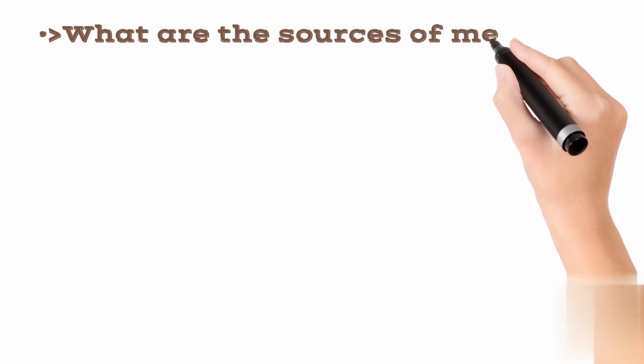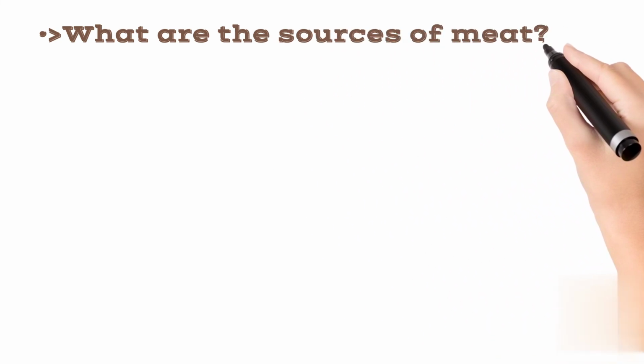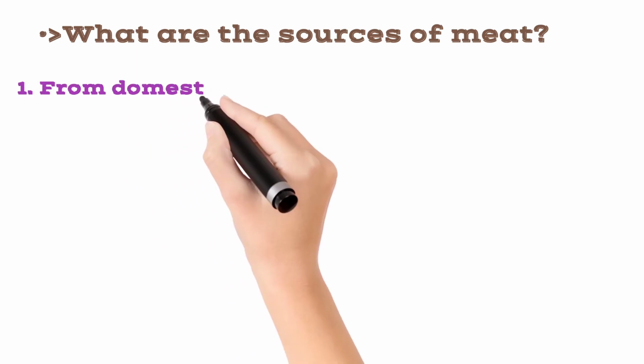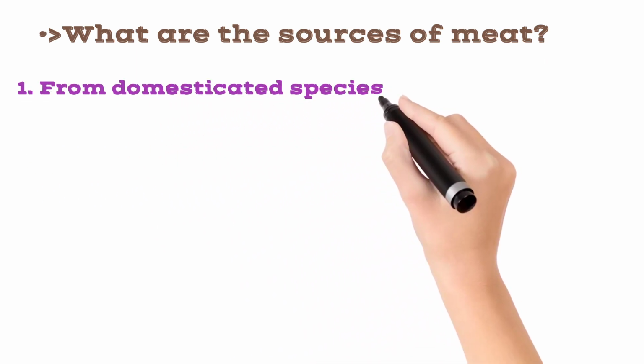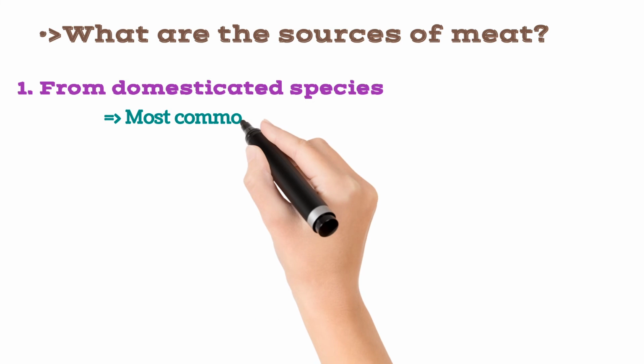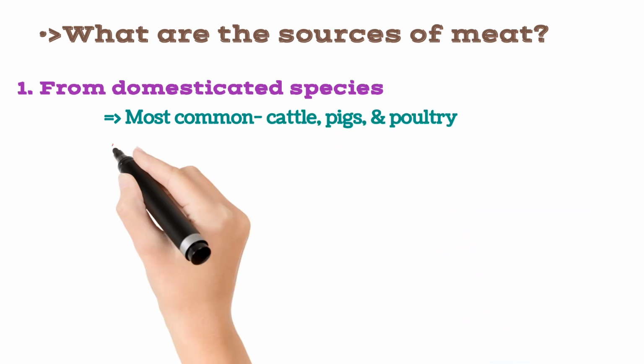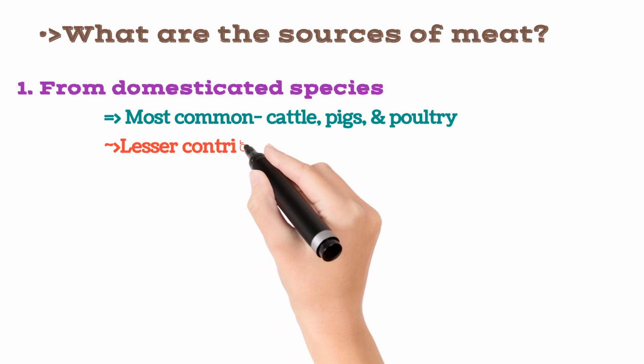Now what are the sources of meat? From where is meat obtained? Majorly there are three sources. Number one, meat can be obtained from domesticated species, of which the most common sources are cattle, pigs and poultry.